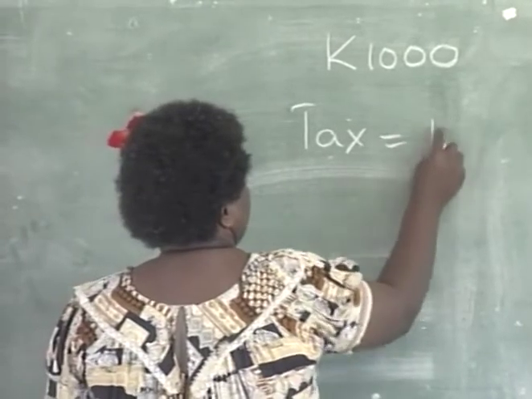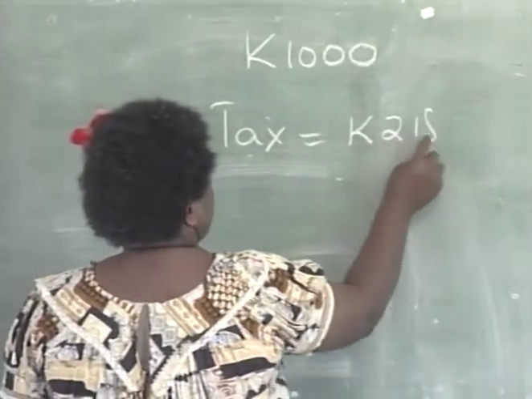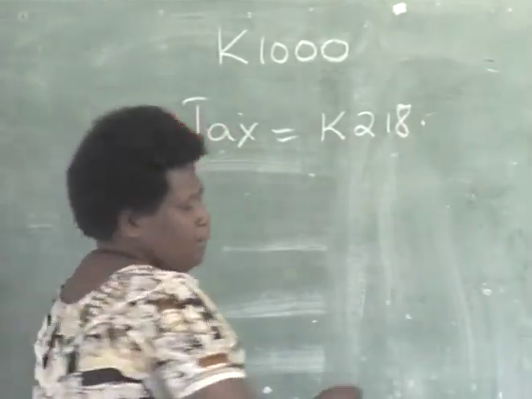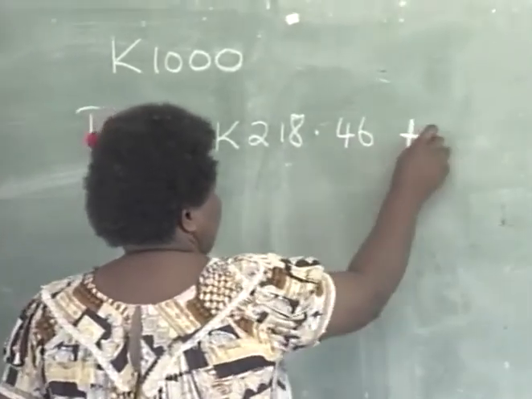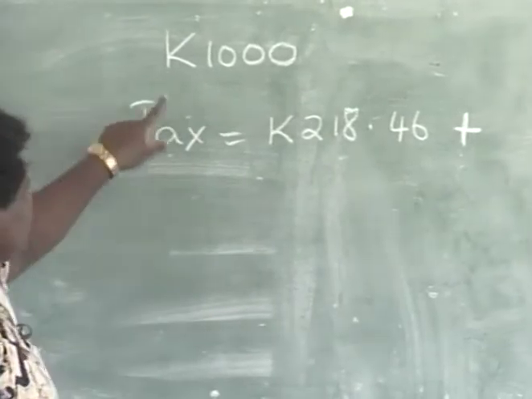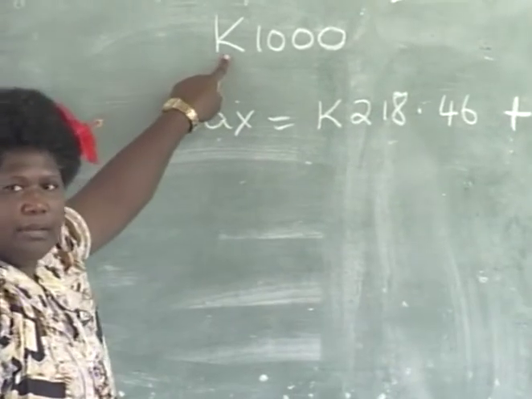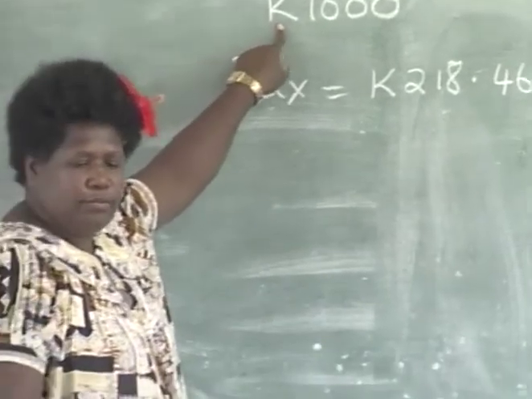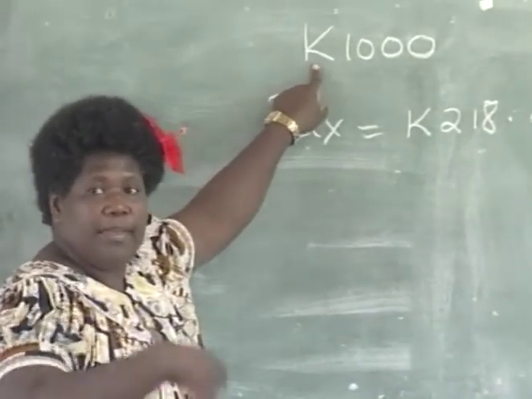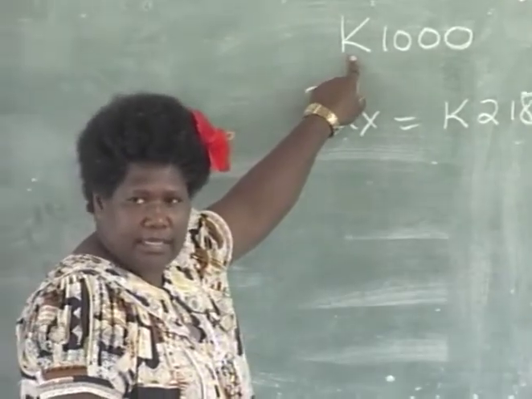Okay, tax will be 218 kina and 46 toya plus you take away 800 kina from 1,000 kina and you are left with 200. So from that 200 kina, 35 toya is taken off from every 1 kina for tax.